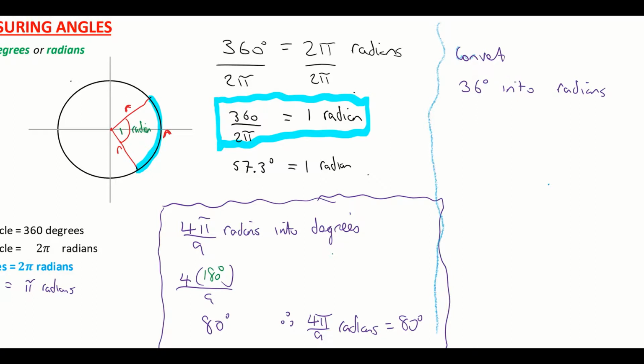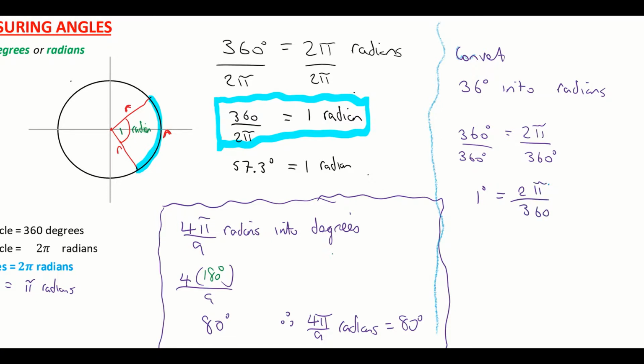So you know already that 360 degrees is equal to 2 pi. Easiest thing to do is to find out what just the value of 1 degree is. So divide across by 360. 360 divided by 360 gives me the value of just 1 degree. So 1 degree is equal to 2 pi over 360.